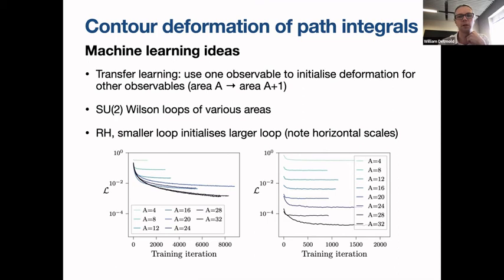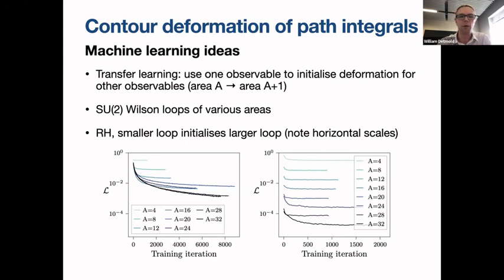The plots below show what happens if we initialize from no deformation on the left, for various different areas of our loops, versus on the right, if we initialize from the next smallest loop to give us a starting point for our training.